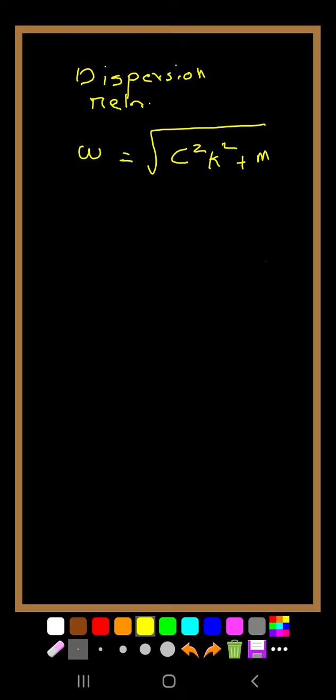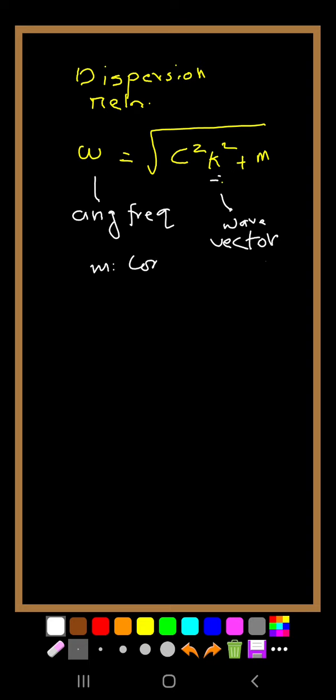Any relationship between omega and k is known as dispersion relationship, where omega is the angular frequency and this k is the wave vector. M is a constant and c is the speed of light.